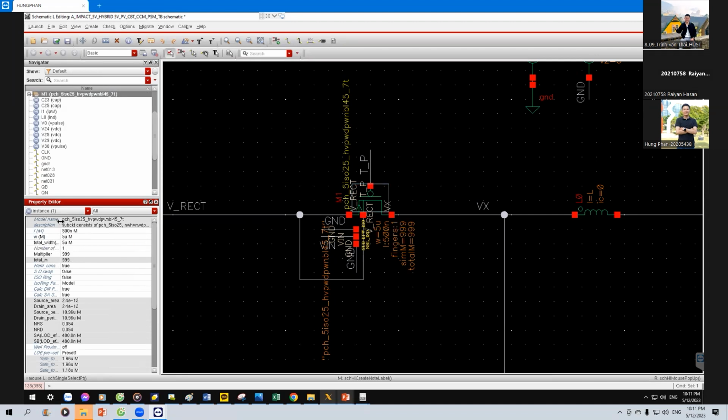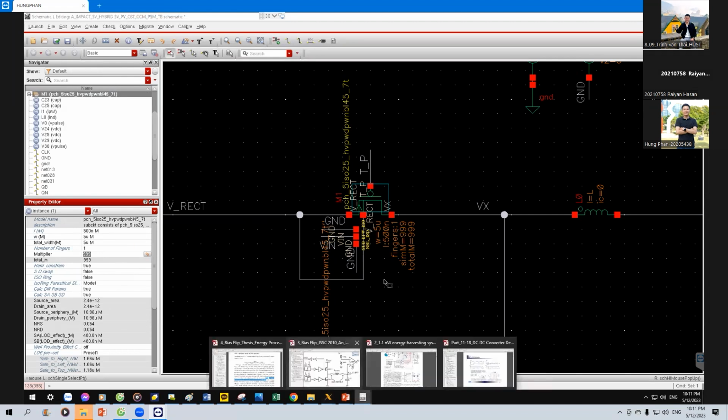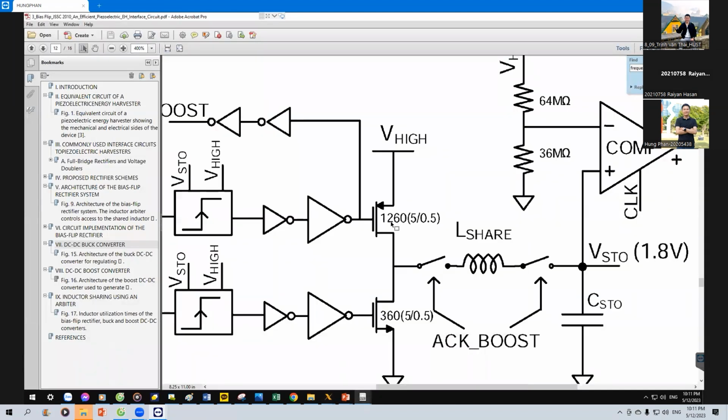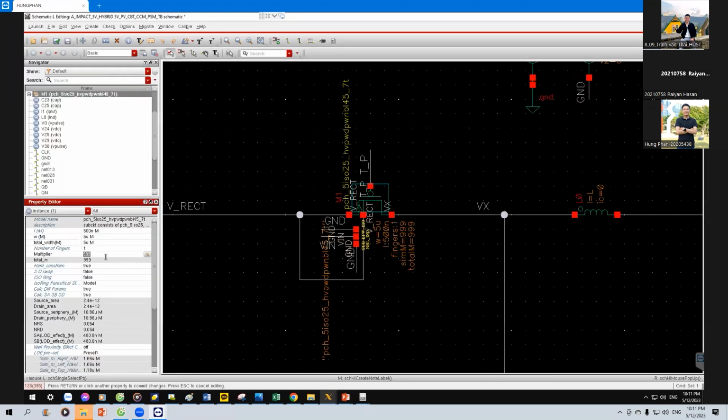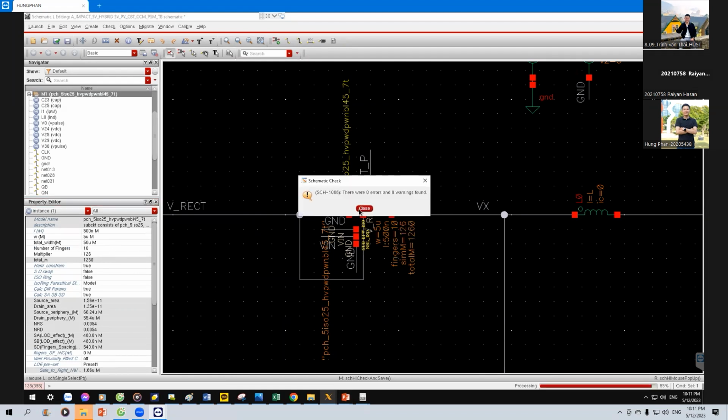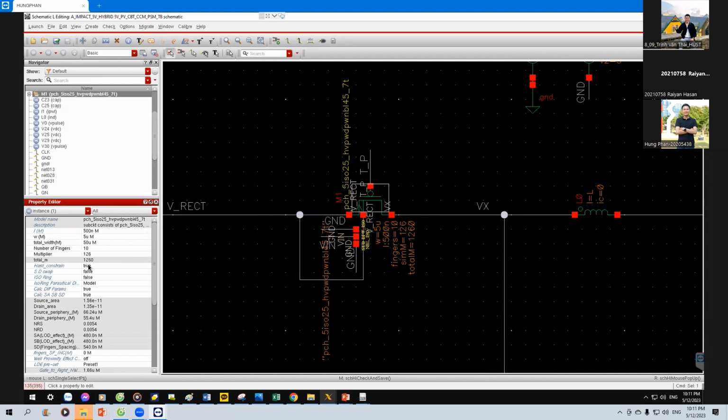Let's say one finger, so the multiplier should be 1260. Okay, it's too big. The maximum is only here, so it should be 10 fingers and 126. The total multiplier will be 1260.